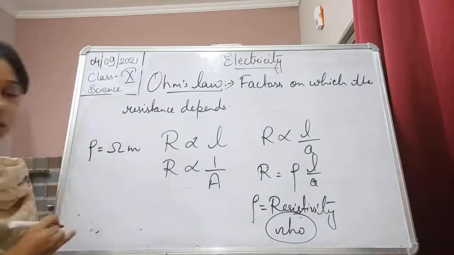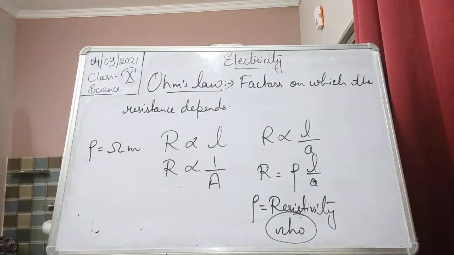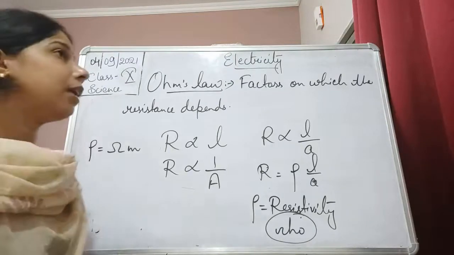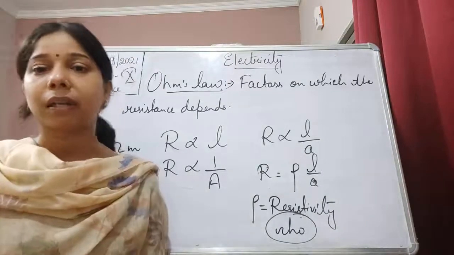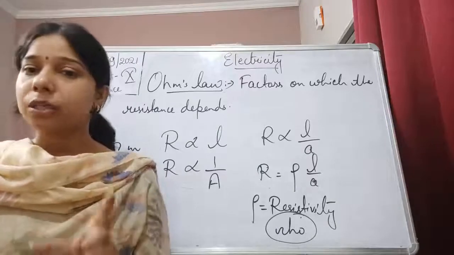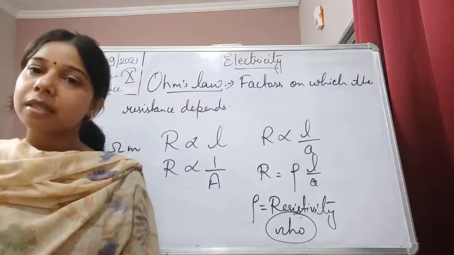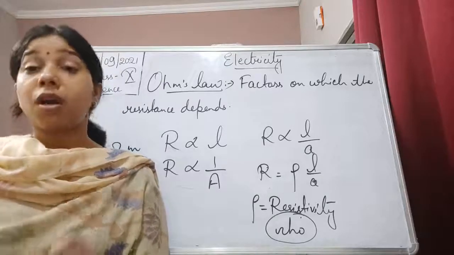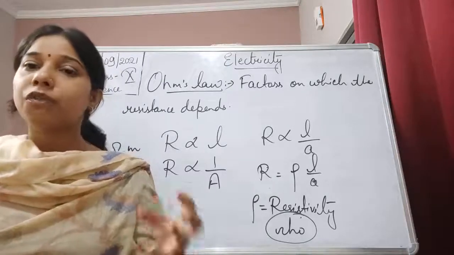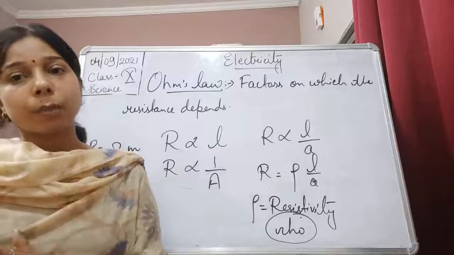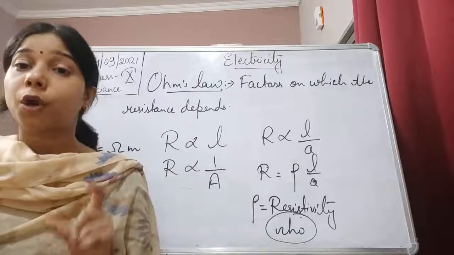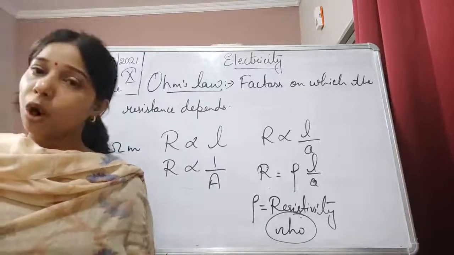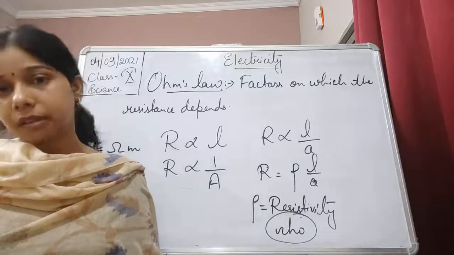It explains the characteristic of the material of a conductor. It varies with temperature. Resistance as well as resistivity both vary with temperature. Resistance is a kind of hindrance produced by the object, while resistivity is the property of the material. Every material has a different resistivity.